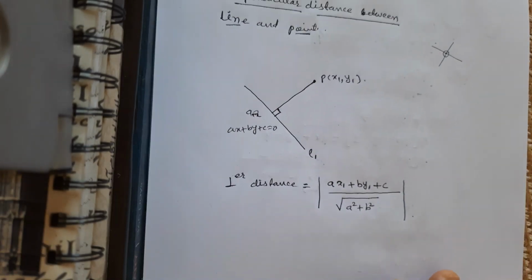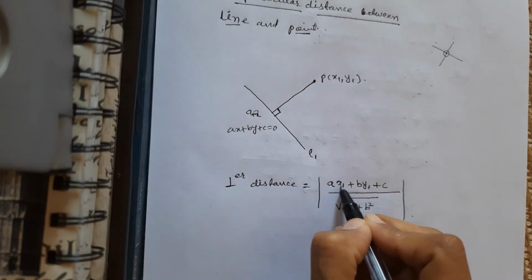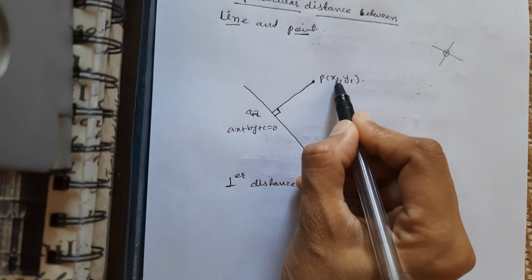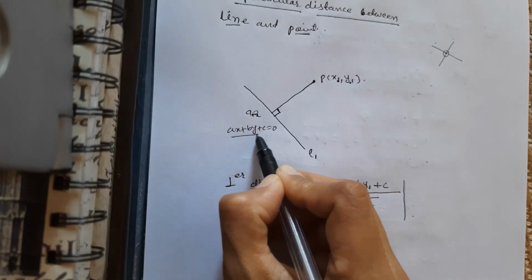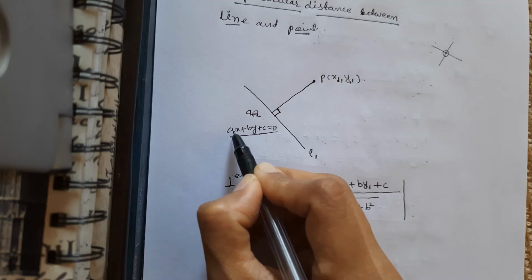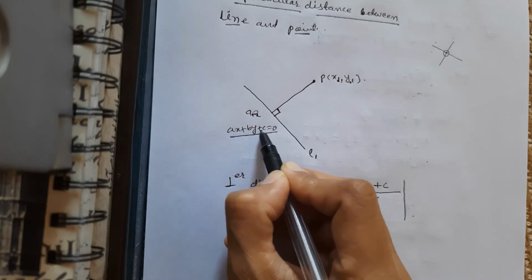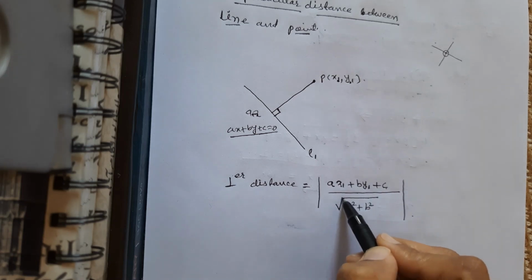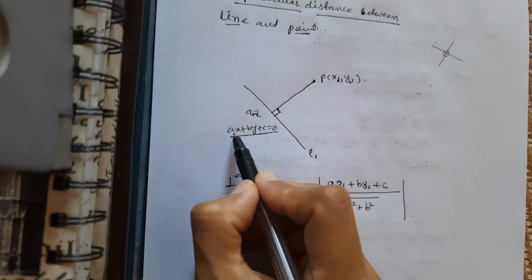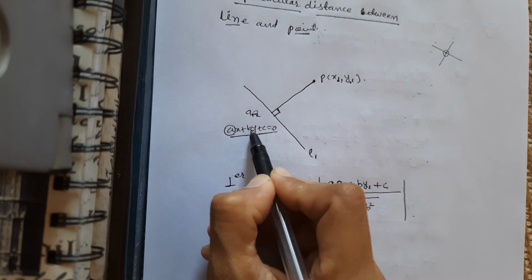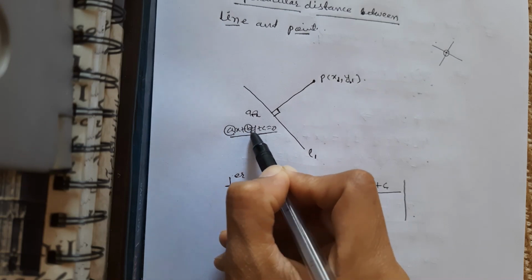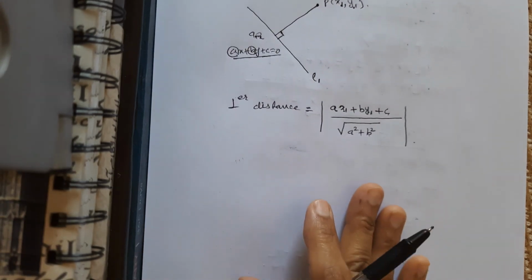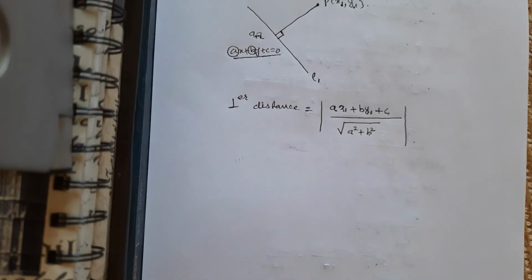We just need to substitute this x1, y1 into the equation, so it will become a x1 plus b y1 plus c in the numerator, and in the denominator a square plus b square, the coefficient of x square plus the coefficient of y square. That's how we are going to find the perpendicular distance between a line and a point.